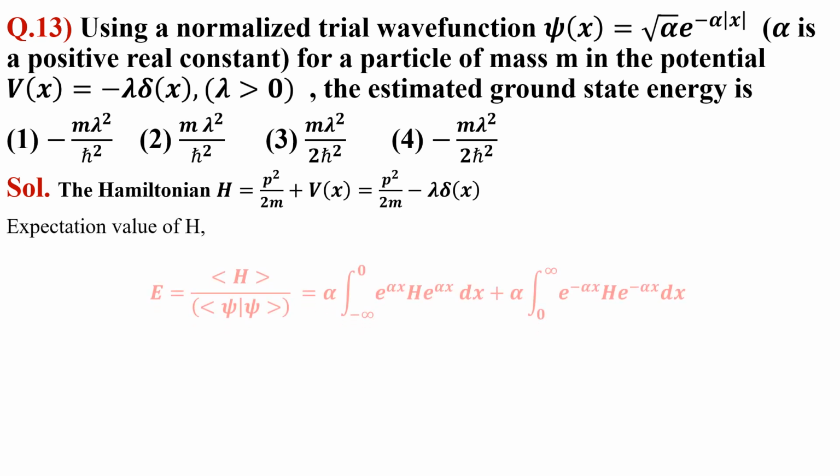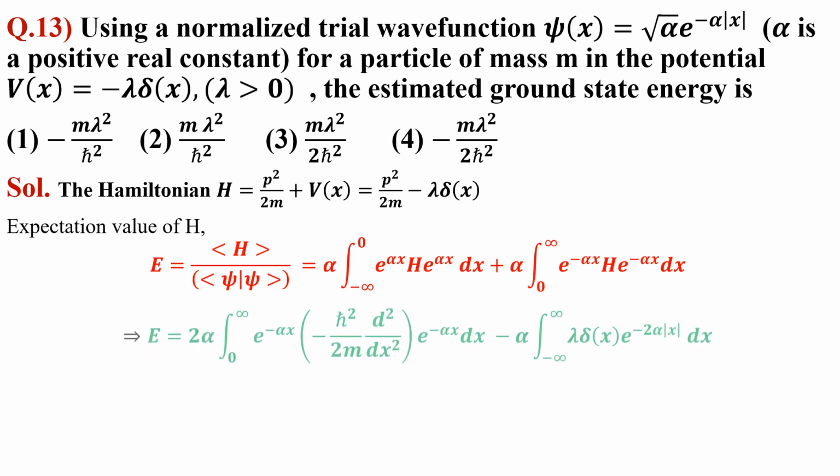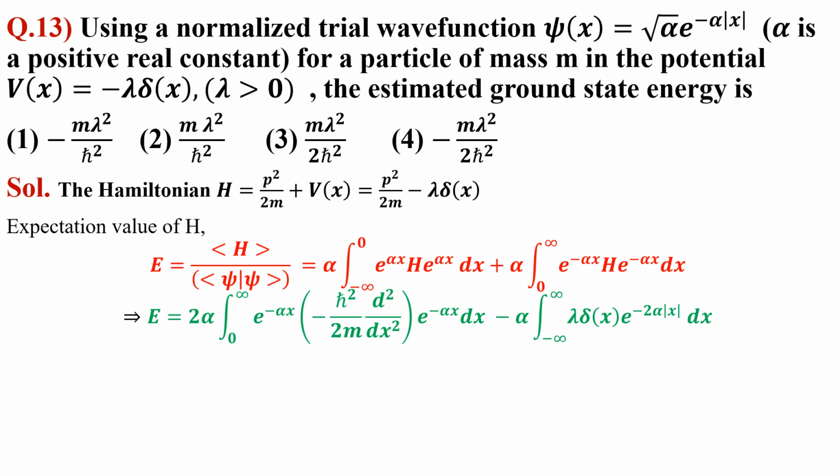The expectation value of H, equal to the energy, equals the expectation value of H upon the inner product of states, which equals alpha times the integration from minus infinity to 0 of exponential alpha x H exponential alpha x dx, plus the integration of exponential minus alpha x H exponential minus alpha x dx. Since the state is normalized, the inner product of states equals 1.